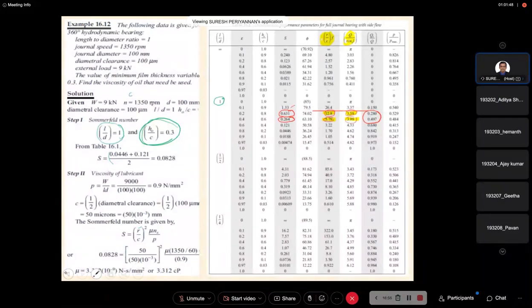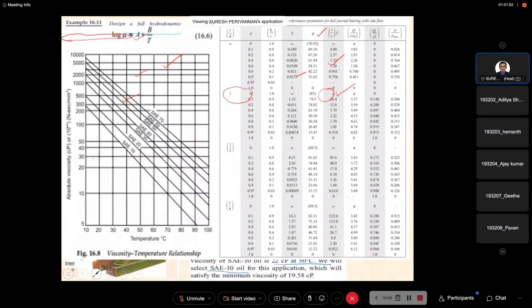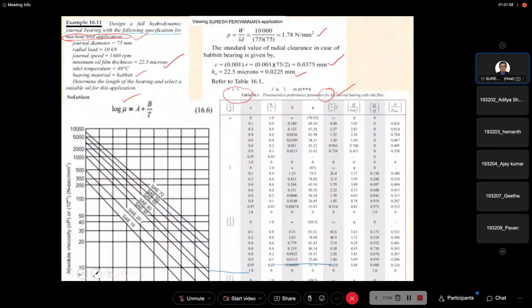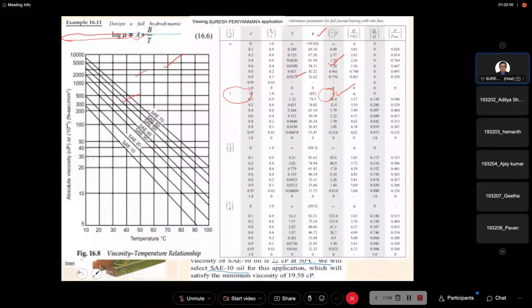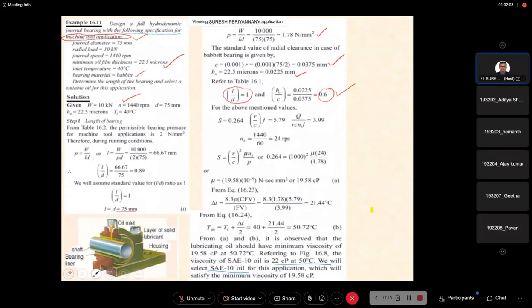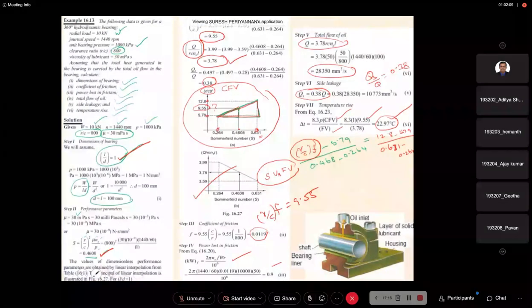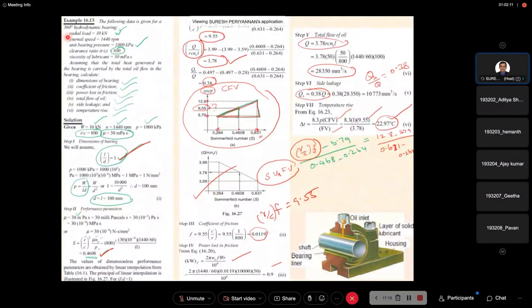But in the earlier problem, I come to my suggestion here. In the earlier problem, before this one, we discussed problem 16.13, where we used this interpolation technique.